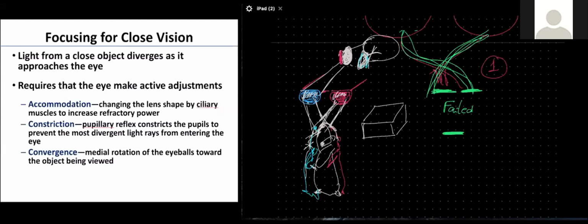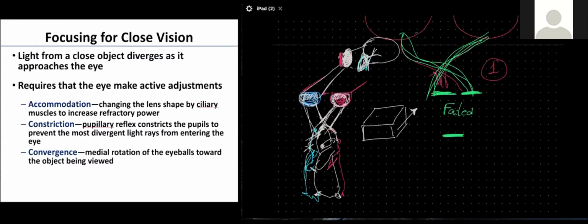I'm creating a depth to the object by giving the brain two different pictures, but close enough for the brain to be able to overlap them. All right, does this make sense?